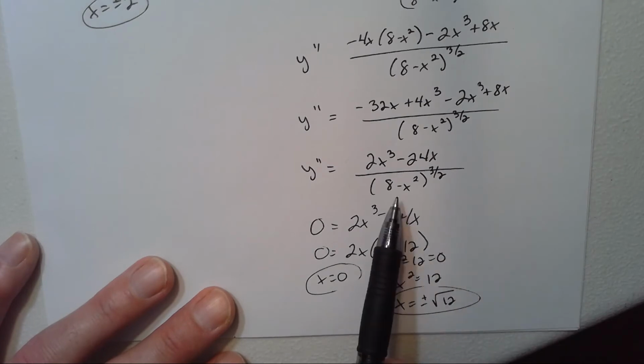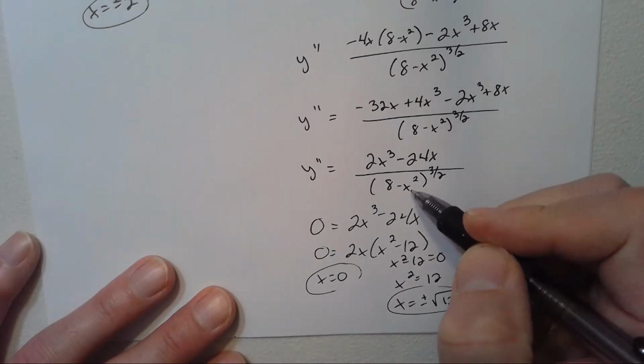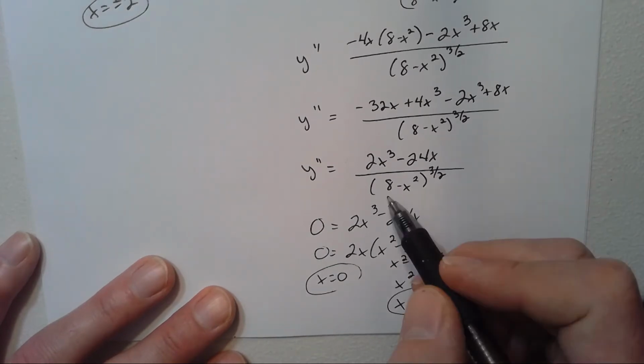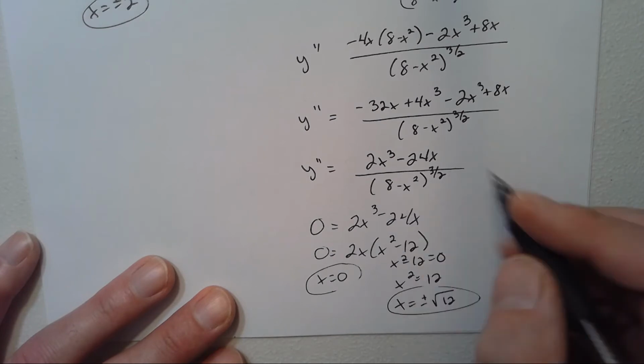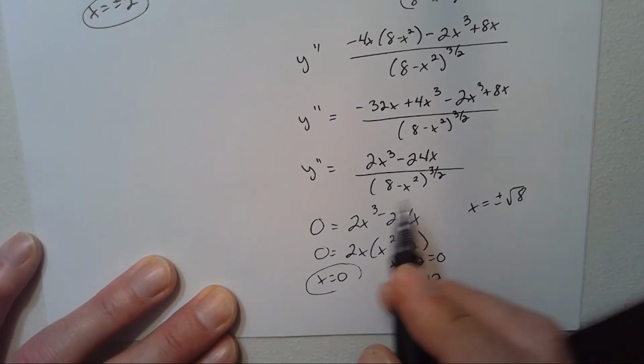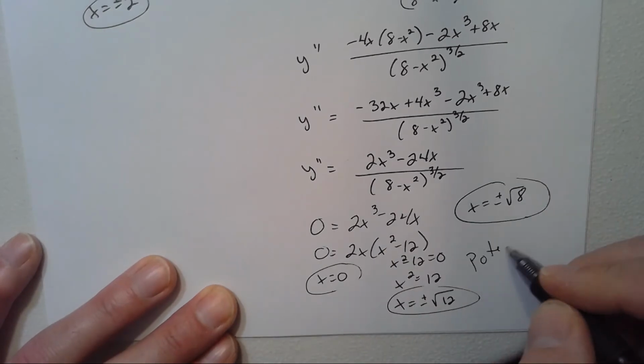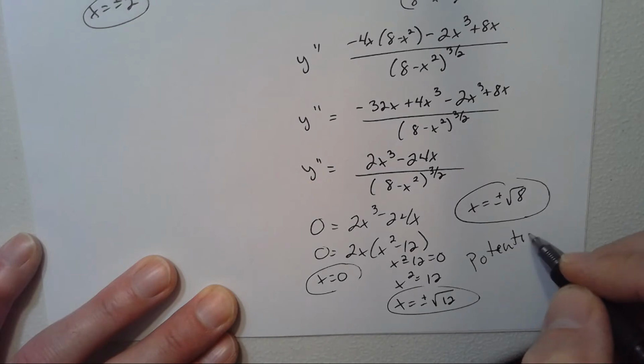So whatever makes the bottom 0 will produce an undefined second derivative. Well, if x is the square root of 8 and negative square root of 8, so x equals plus or minus the square root of 8, that will make the bottom 0. So all three of these are potential inflection points.